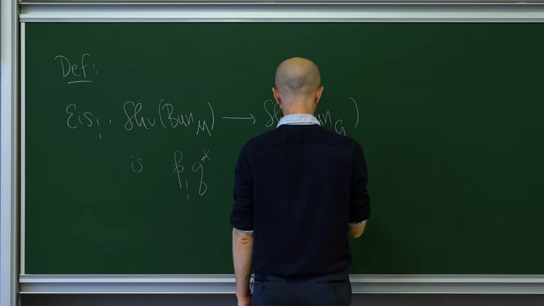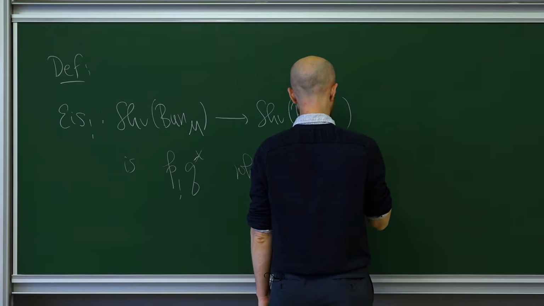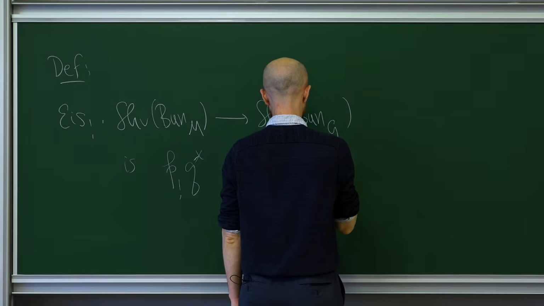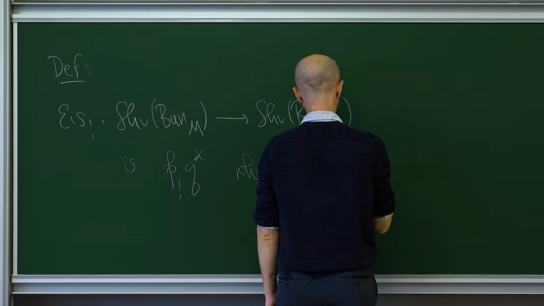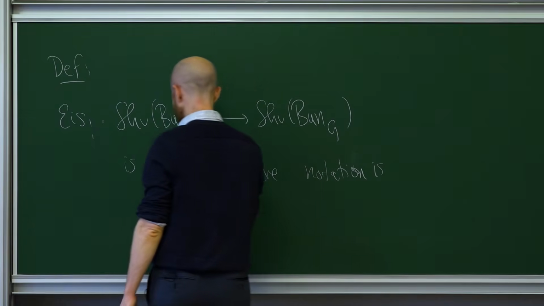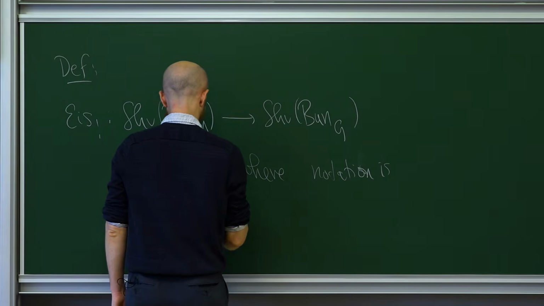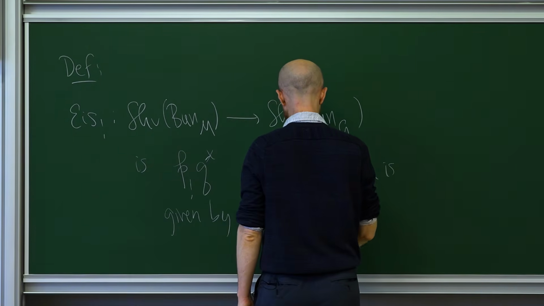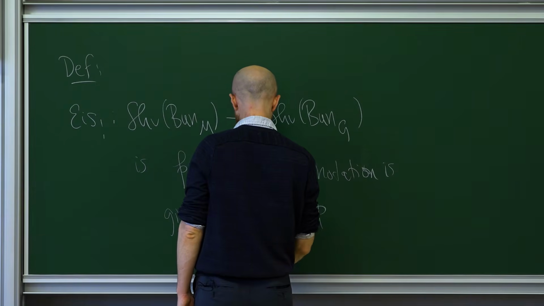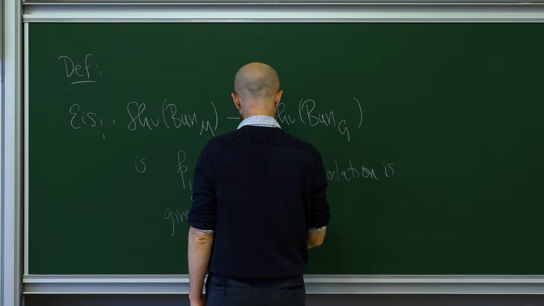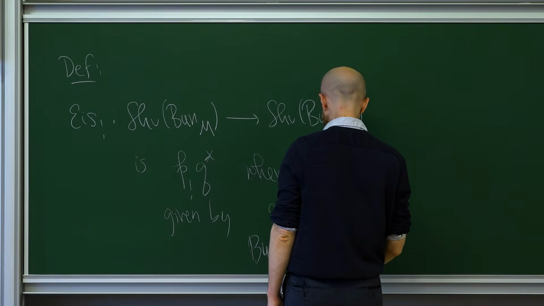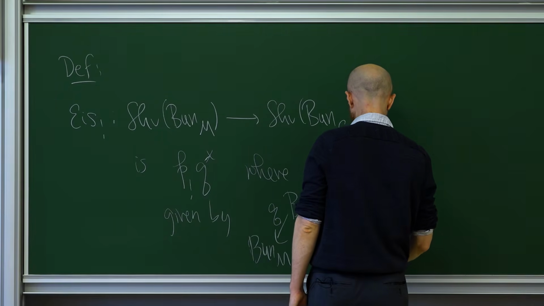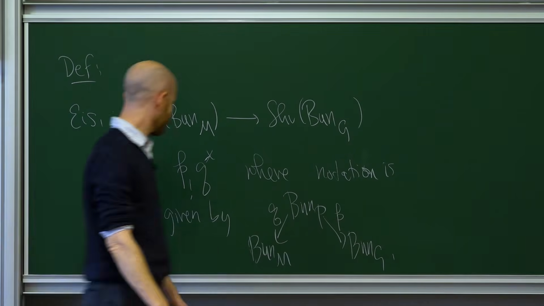where the notation is given by the diagram. It takes Bun_P down to Bun_M. So this is Q, this is P, and this goes down to Bun_G.